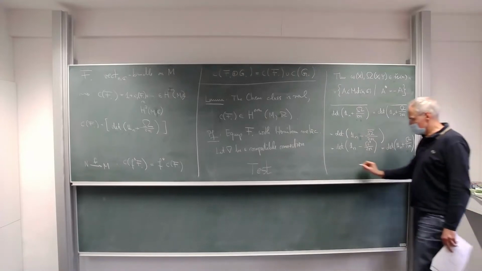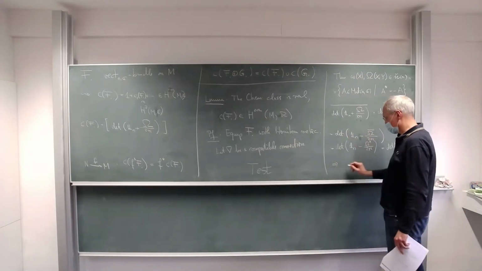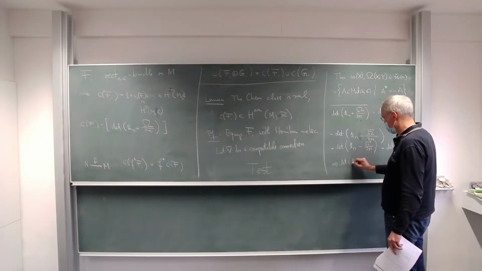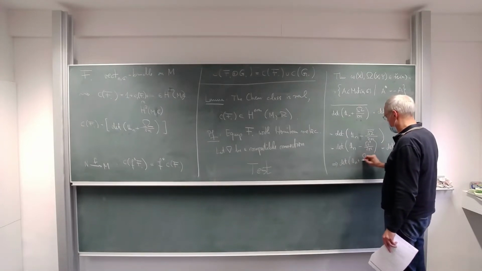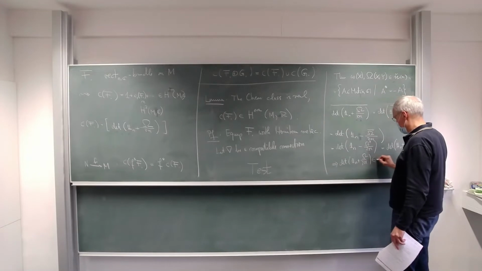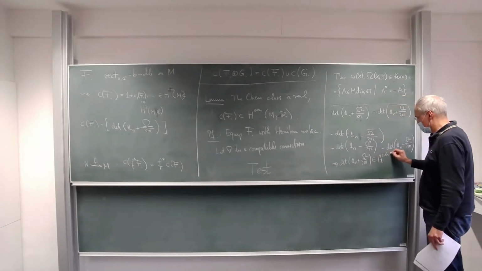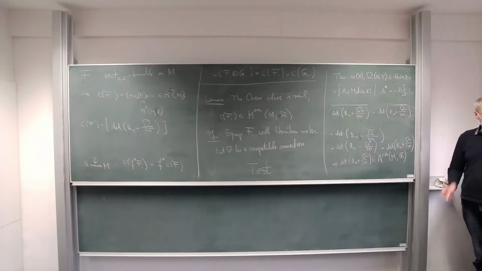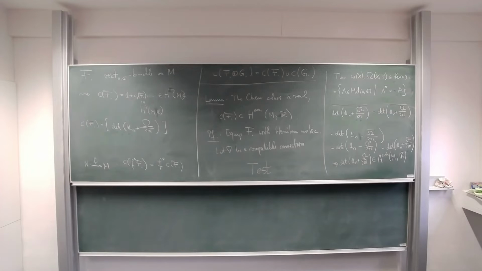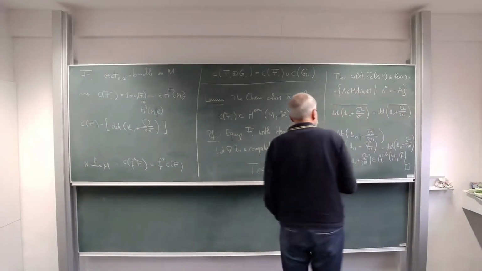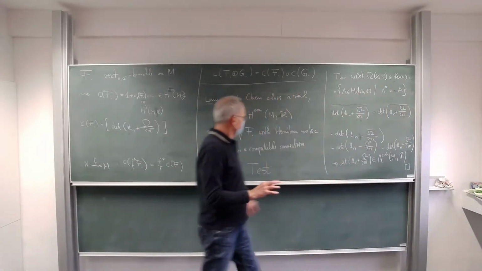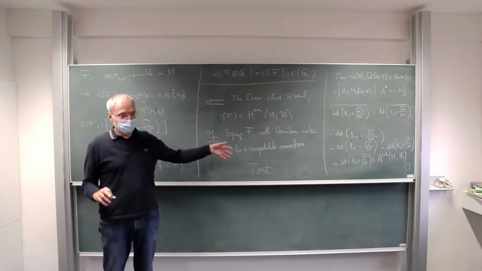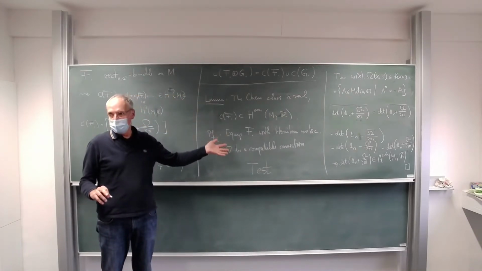And so this tells me that this differential form here is a real valued differential form that lies in the even forms with real coefficients, and therefore it represents a real de Rham class. But if you compute this representative with respect to a non-compatible connection, then in general it will be a complex form.